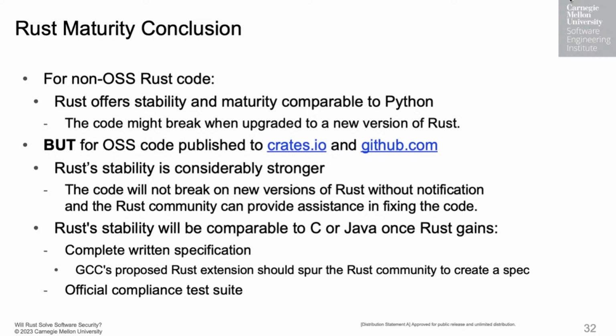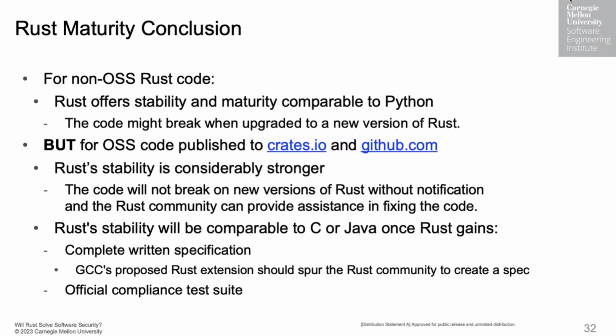In effect, if you make your code open source, it becomes part of rustc's test suite. Exactly. So this gives you a level of stability and maturity that's greater than Python. It's still not quite at the level of C or Java yet.